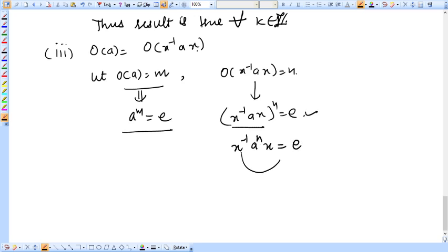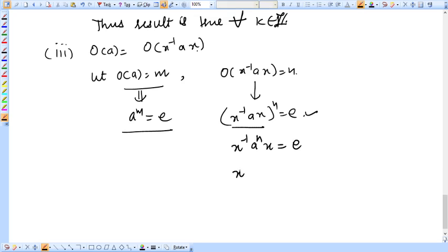So now, instead of taking it to the other side, you just write it by multiplying with x.